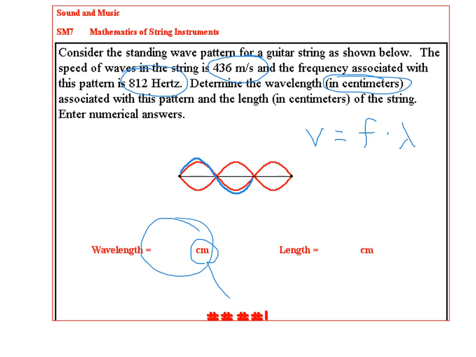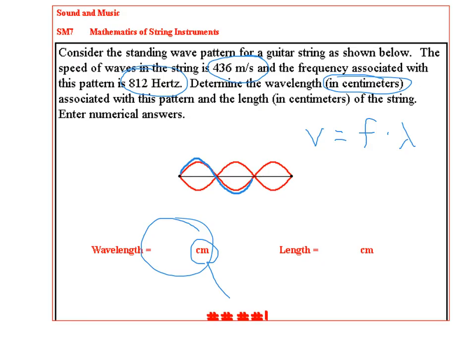So that is only 2/3 of the string. So the length of this string is actually longer than the wavelength. So there's a number of ways to do this, but my suggestion is you take that wavelength, divide it by 2/3, because this is 2/3 of a wave, and then you'll get how long the length of the string is.